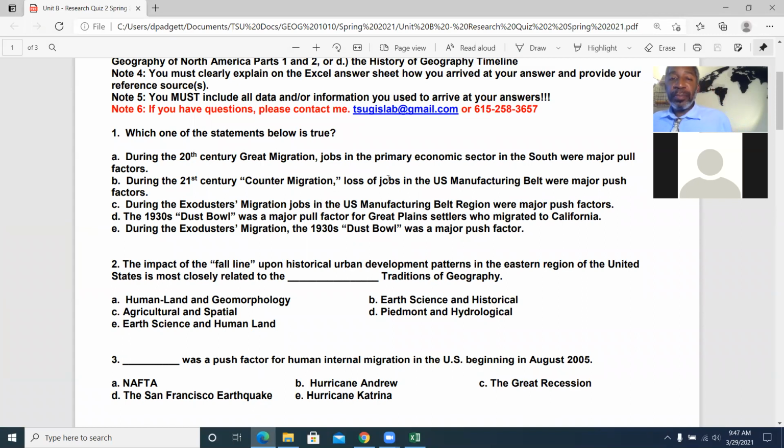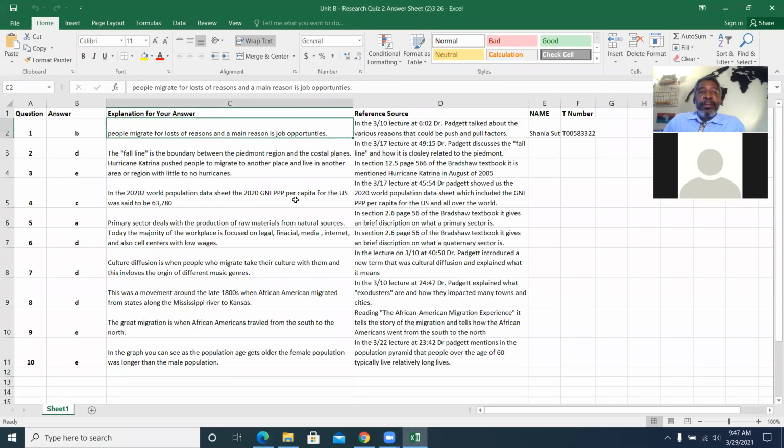And so the loss of jobs in the U.S. manufacturing belt were, of course, the precedent for a decline in quality of life, increased crime in cities like Chicago and Detroit, and decreased economic opportunities. So the explanation should be more specific to what was answered in the question.